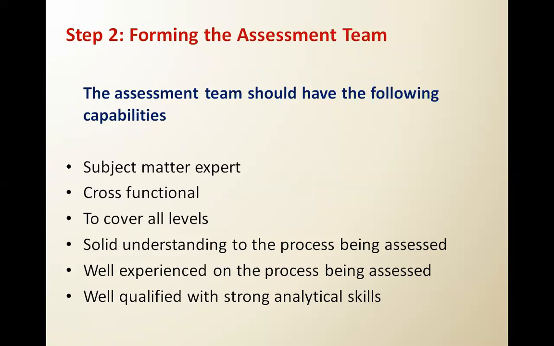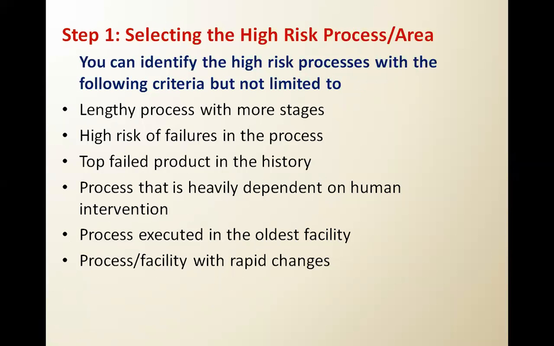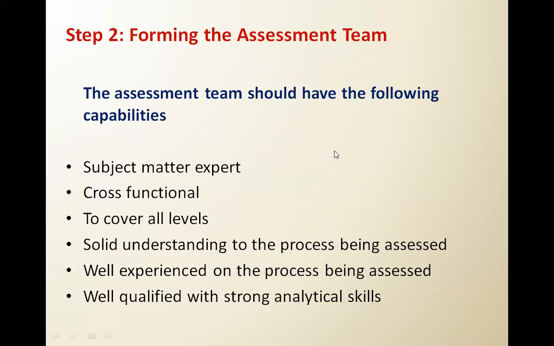The first is the selection of the high risk process or area, the area where risk exists. So first, if risk is there, we will select it. Then the second one is forming the assessment team. We go for formulation of the team. The team should have subject matter expertise.